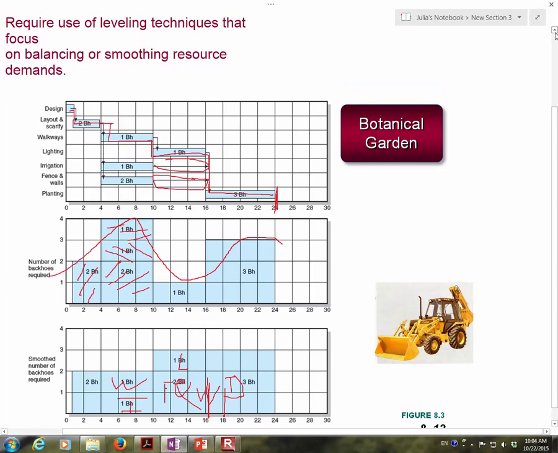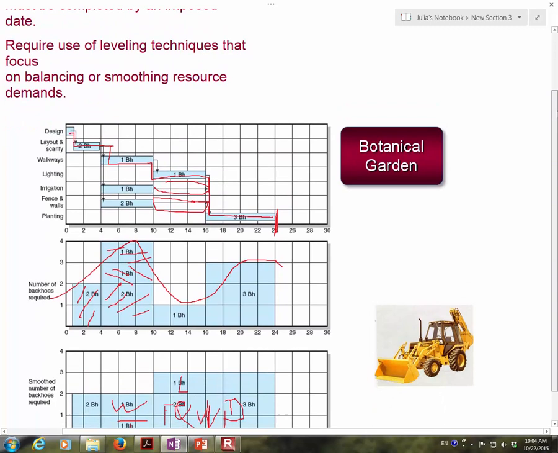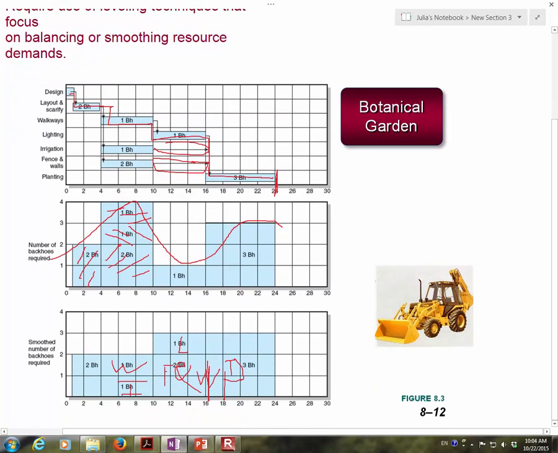If you consider what we did, we have a time-constrained project which must be done by day 24, and we had resource fluctuation, so we delayed one activity by using the positive slack and smoothed the resource demand.